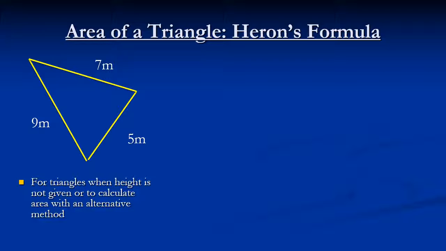So here's Heron's formula, and you can notice that there's no height given. So we have to use Heron's formula because we're not given any height, for example, here. So that makes it a little bit more complex, but it's worth doing. So Heron's formula is just where S equals half of A plus B plus C. So that's half of 5 plus 7 plus 9, so that's 10.5.